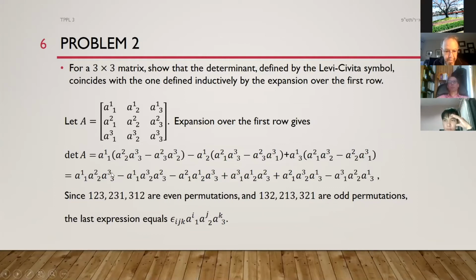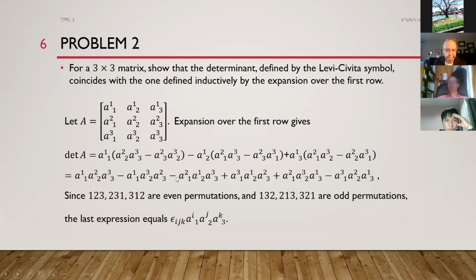This term is 1, 2, 3, that's an even permutation. So the sign should be plus, and it is. 1, 3, 2 is an odd permutation because it involves one switch. If you switch 2 and 3, you get back to 1, 2, 3. So that's an odd permutation, and it has a minus. Here, 1 and 2 are switched.